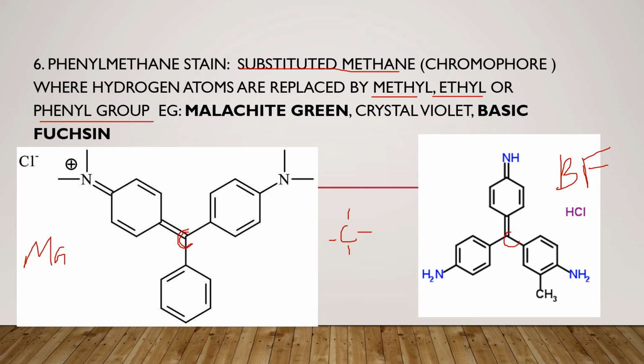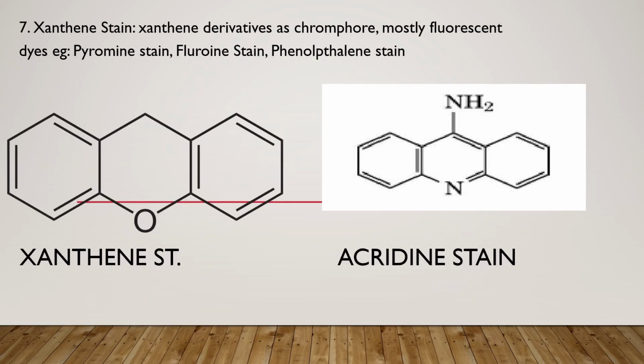So on the basis of how a carbon atom is substituted, or in fact hydrogen atoms that are attached to methane are substituted, we have a variety of phenylmethane stains, but the basic general term for all such substituted methane chromophores remains the same, which is phenylmethane stain. Another example is your crystal violet.